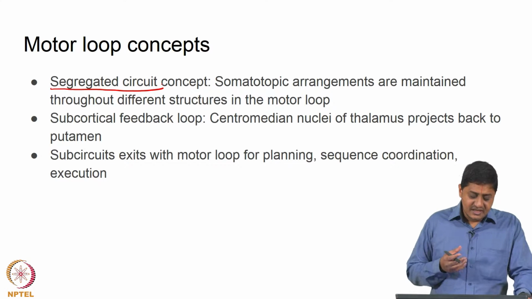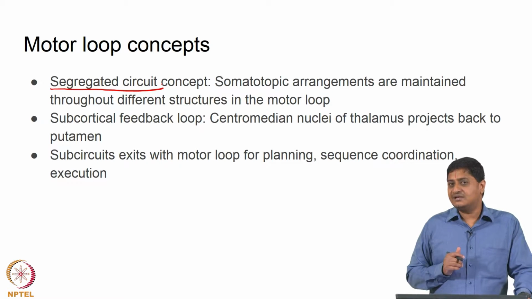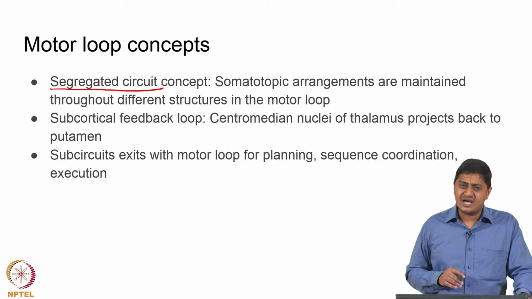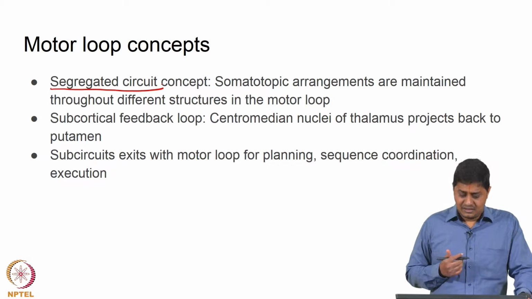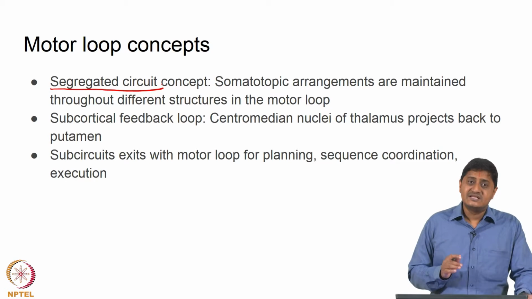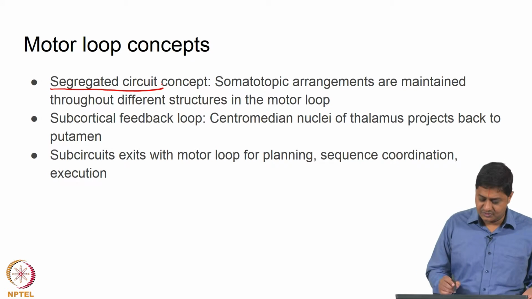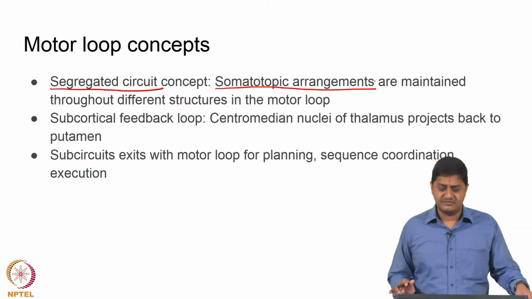So essentially there is some sort of somatotopy, unlike the somatotopy in the primary motor cortex or in the cerebellum. This somatotopy is not so profound or so well studied. However, there is this separation or segregation of different areas.